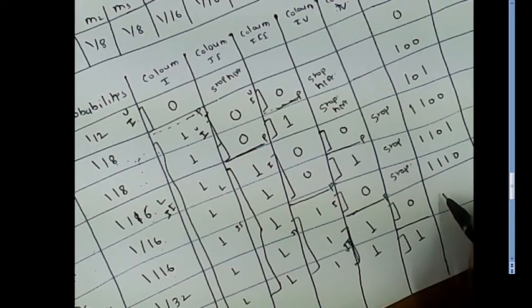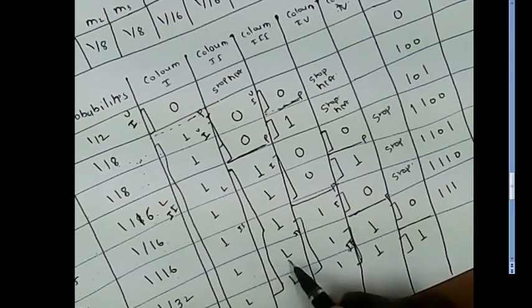Then M5 has 1101, and M6 has 11110. M7 is four 1s followed by a 0, and M8 is five 1s, 11111. This is the binary code for M8.